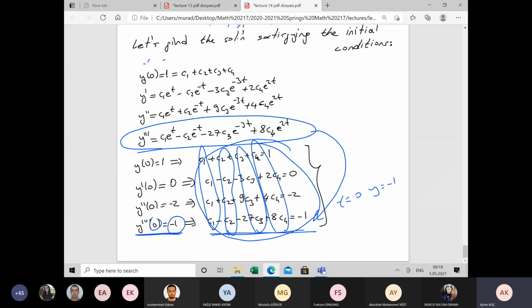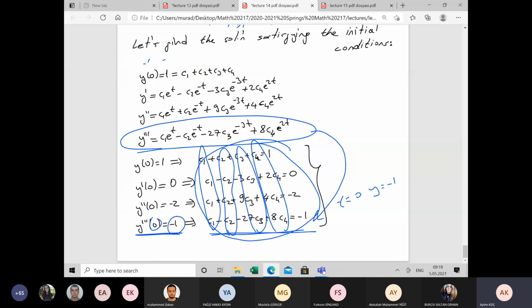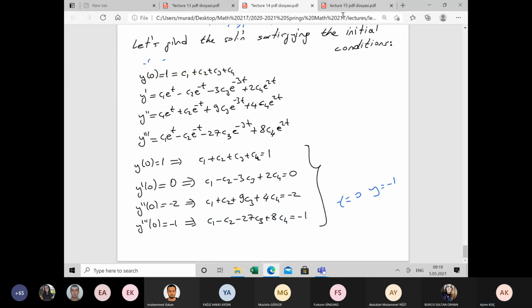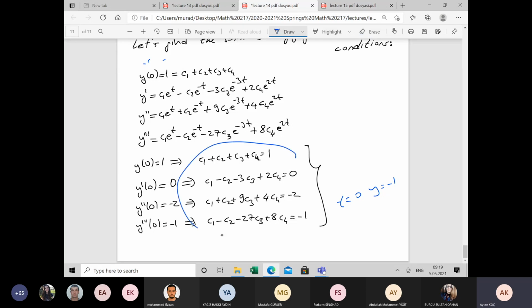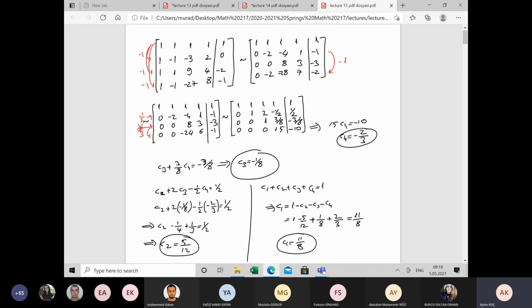First of all, write the augmented matrix, and using some elementary row operations get the row echelon form.